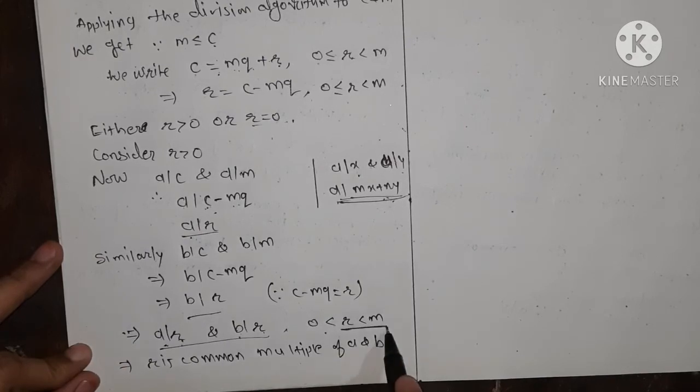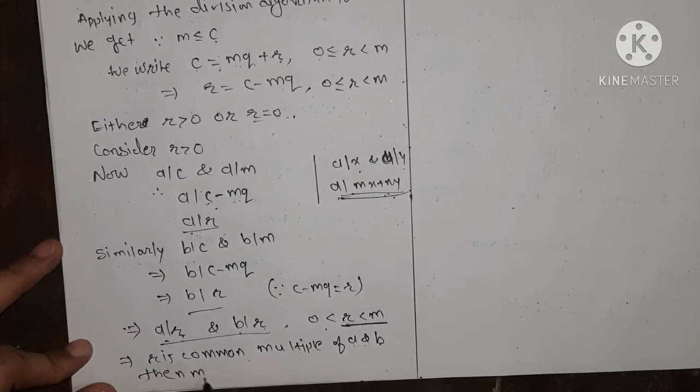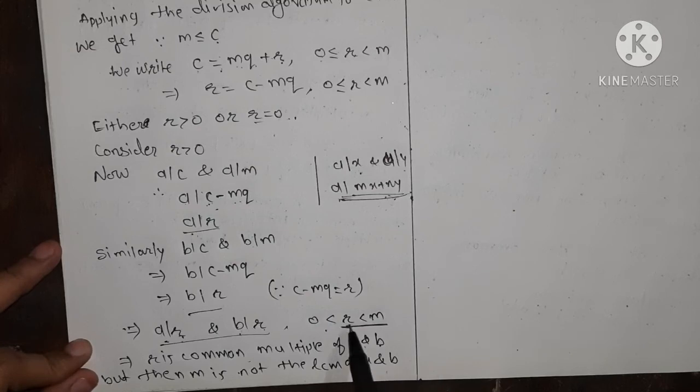But from this condition, because m is the least common multiple and r is given, we have proved here that r is a common multiple of a and b, therefore m is not the LCM of a and b, because here m is the least common multiple.